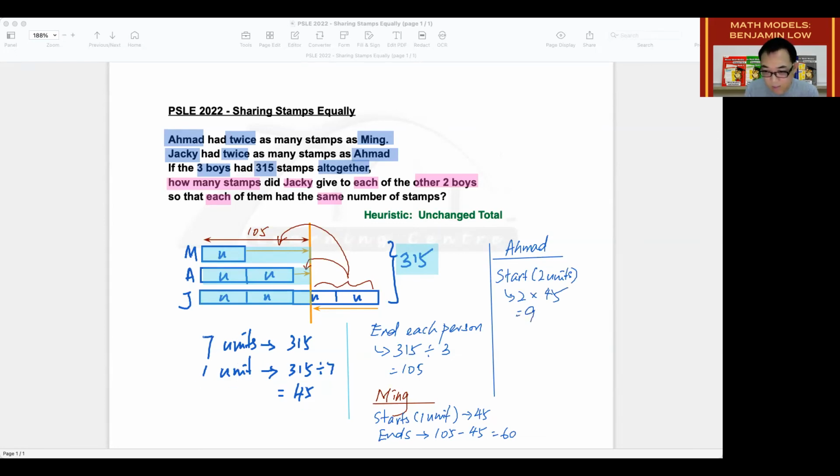That makes 90. And since he must also end with 105, I will take 105, which is what he must end with, minus what he started with. And so he should receive 15 from Jackie. And that's the answer to the question. Ming receives 60. Ahmad receives 15.